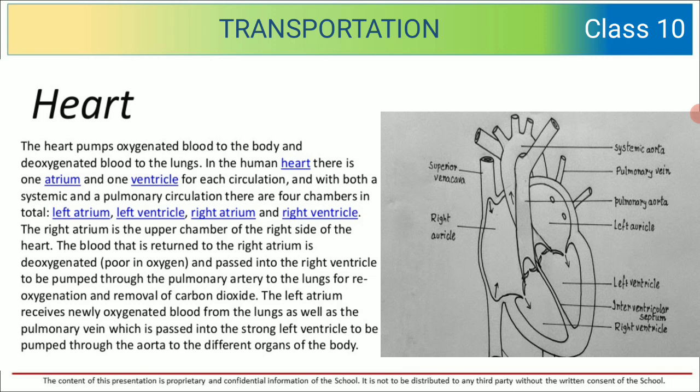The left atrium receives newly oxygenated blood from the lungs through the pulmonary vein, which is passed into the strong left ventricle to be pumped through the aorta to the different organs of the body. So in this way, the functioning of the heart takes place in a very smooth way.